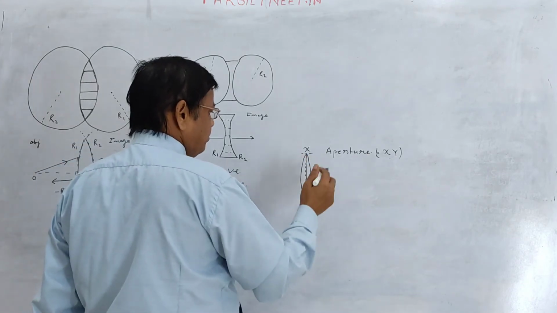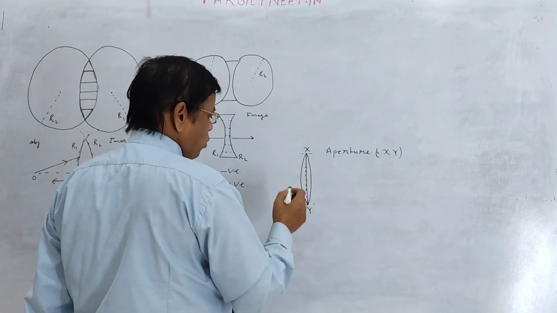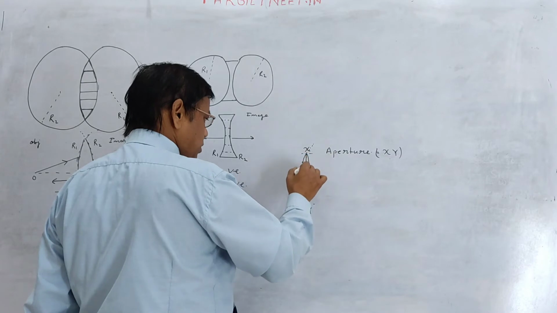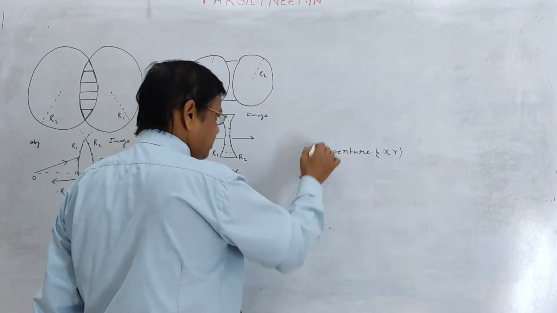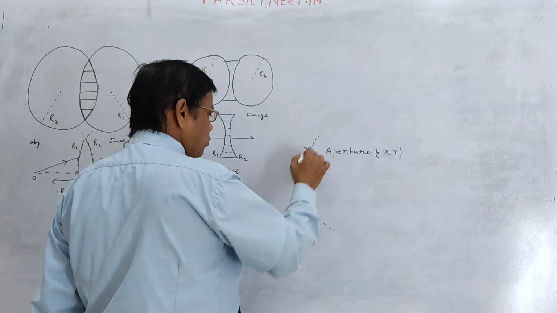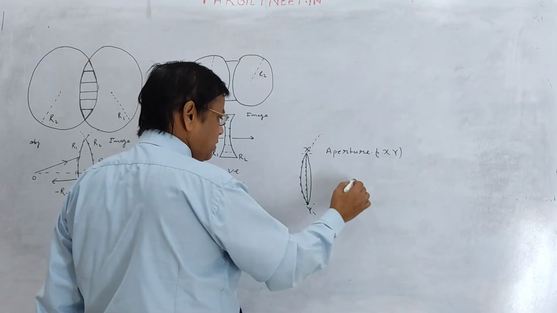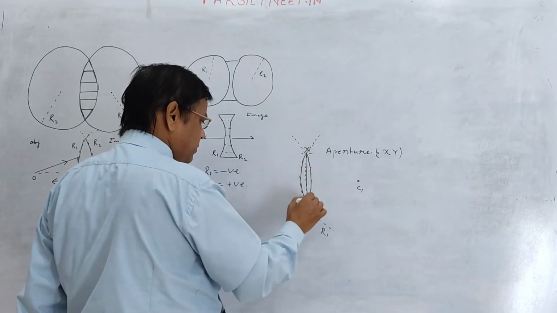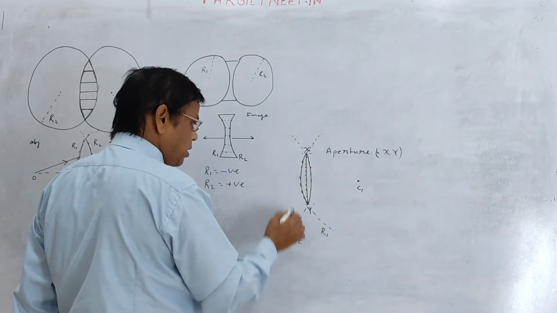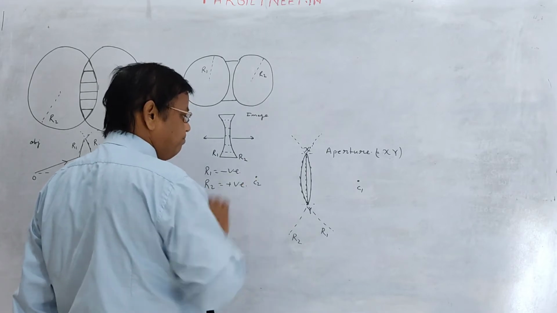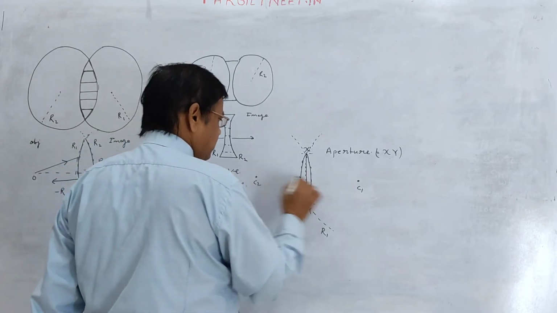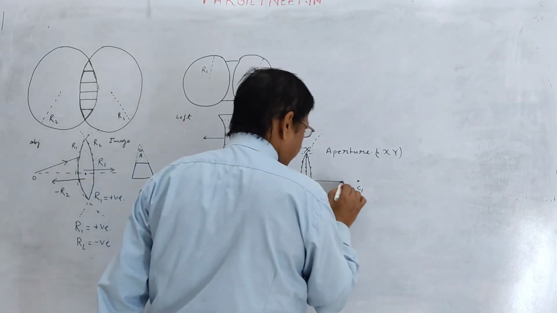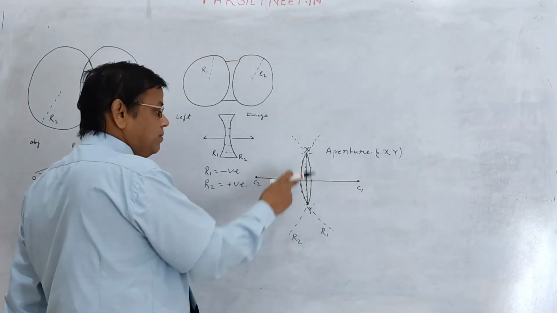Now you know, this is the first surface whose radius is r1 and center is c1, somewhere here, and this is the second surface whose radius is r2 and center is somewhere here, c2. So a line connecting the centers of the two spheres is called the principal axis for this lens.